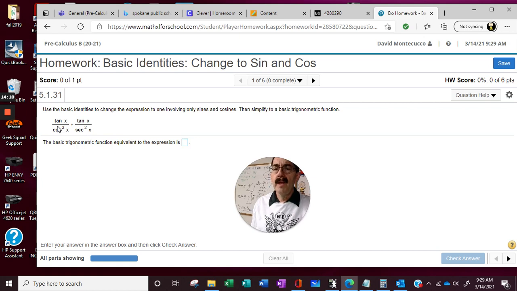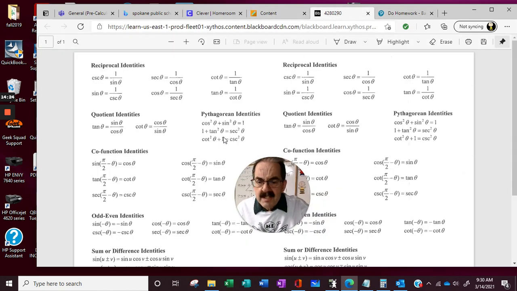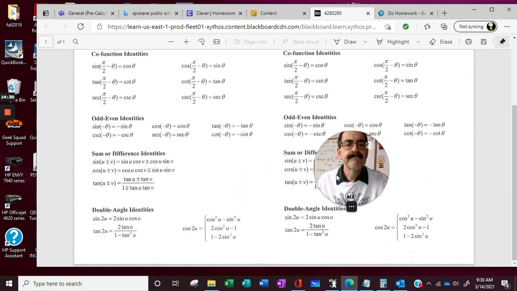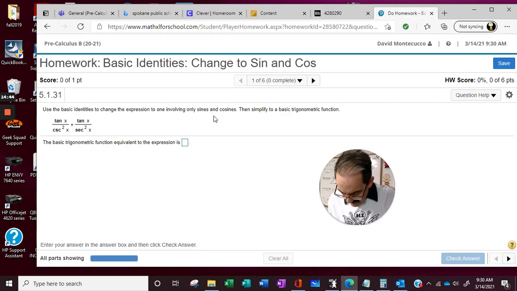Now, use basic trigonometric identities: tangent x over cosecant squared x plus tangent x over secant squared x.